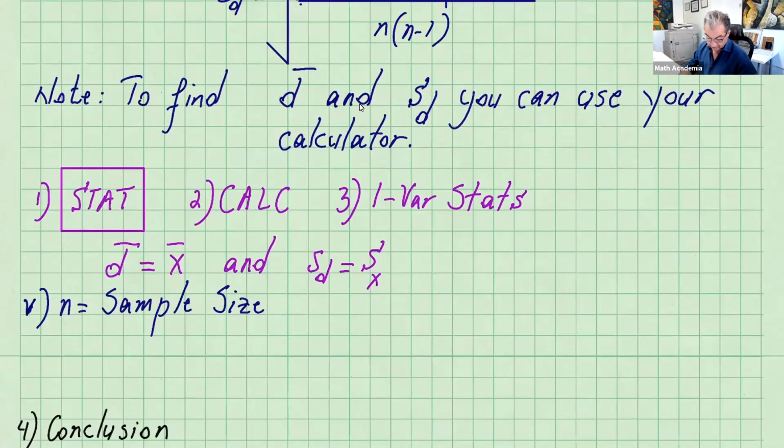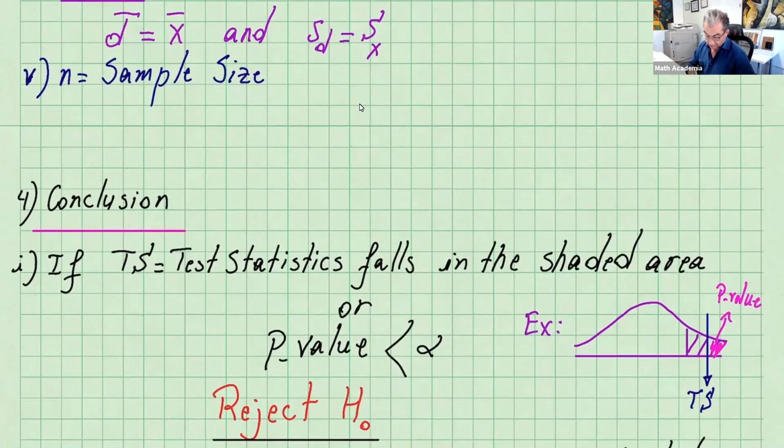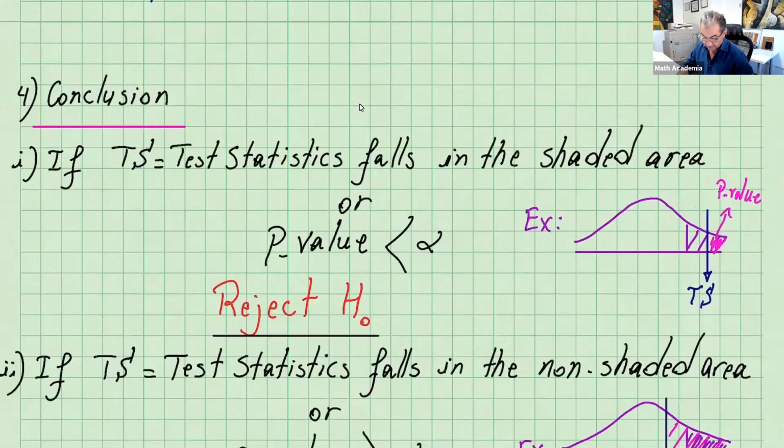Always. Then once you find the test statistic and you have the critical value, you have to make the conclusion. Same way, if the test statistic falls in the shaded area or p-value is less than alpha, you reject H0. I just put a little example for you, and we have gone over this. I'm sure you already know this. If the test statistic is in the shaded region or p-value is less than alpha, then you say reject H0.